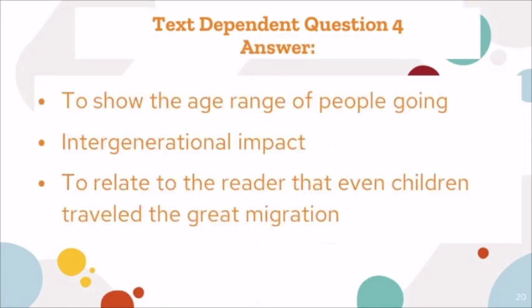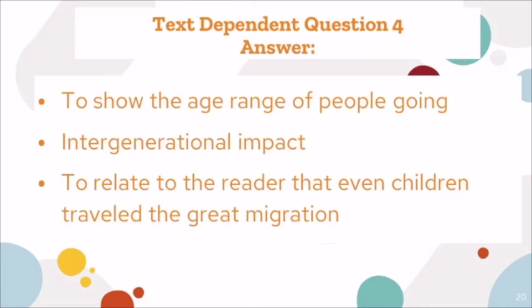Some possible answers are to show the age range of people going, the intergenerational impact, which means that families were separated. As it stated in the text, his mother was not going, but he was going with extended family. That could mean an aunt, an uncle, a cousin, grandfather, and his grandmother, or his father.